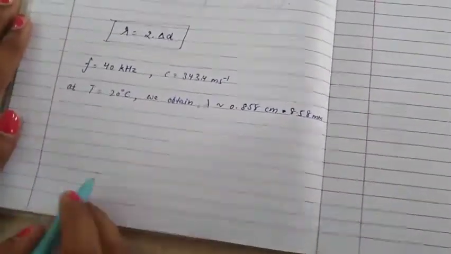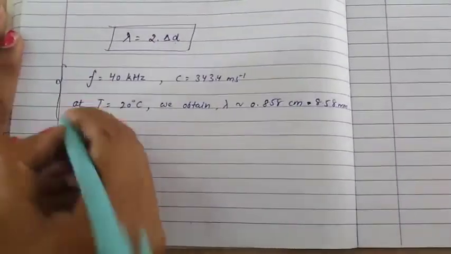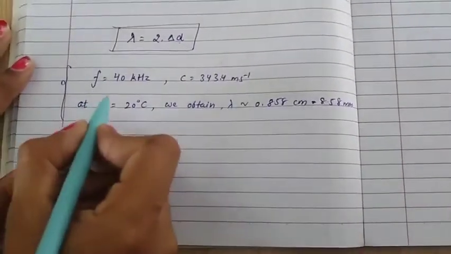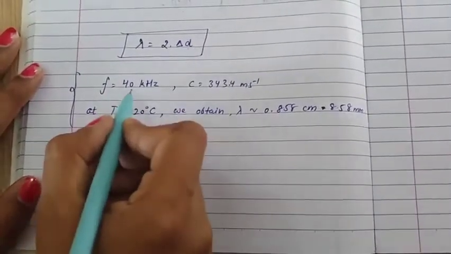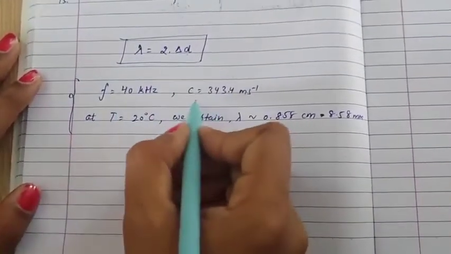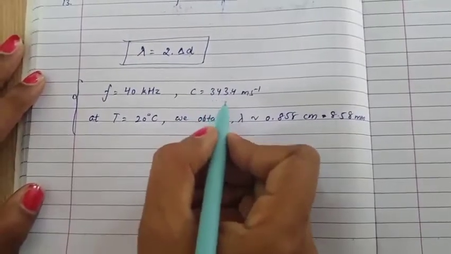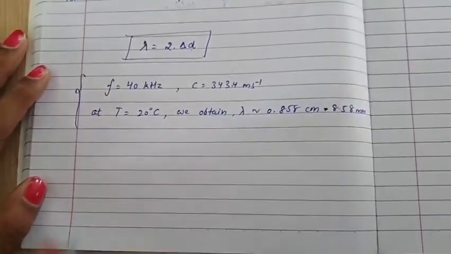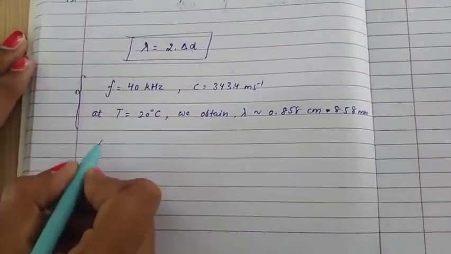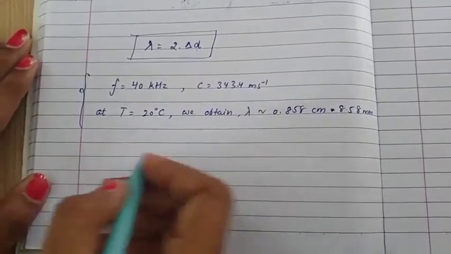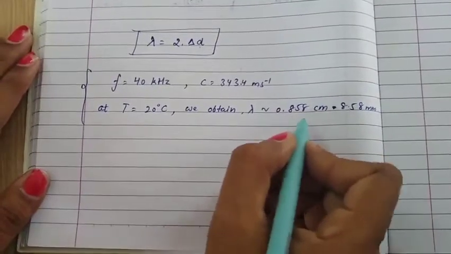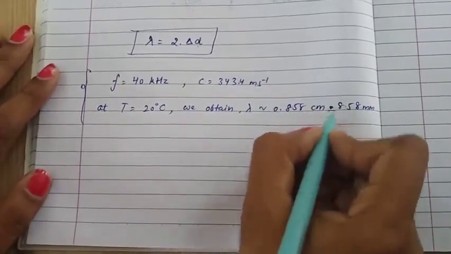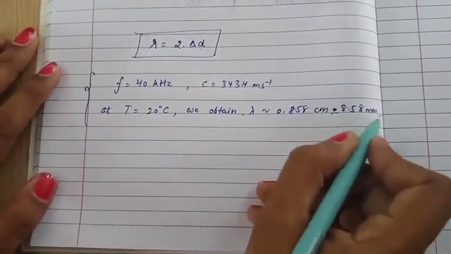And for an ideal case, as the frequency provided by the ultrasonic unit was 40 kilohertz and the speed of sound is around 343 meter per second at a particular temperature of 20 degrees Celsius, we obtain lambda to be around 0.858 centimeter, which is 8.58 millimeter.